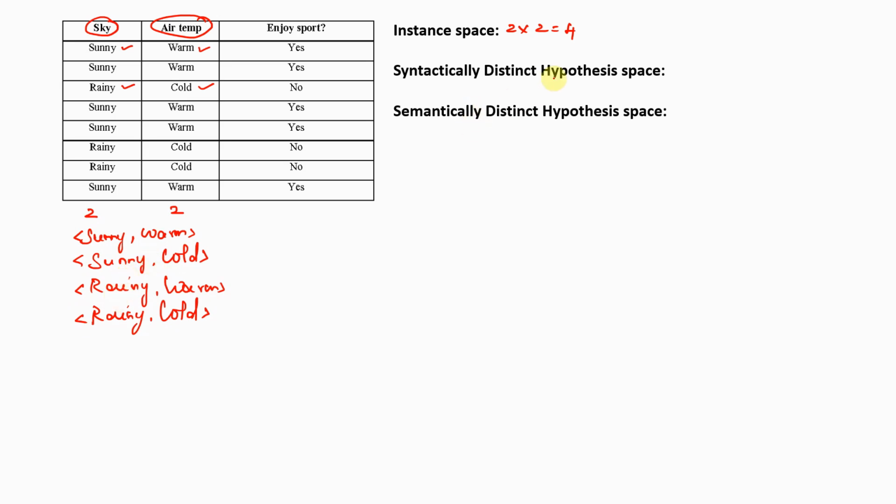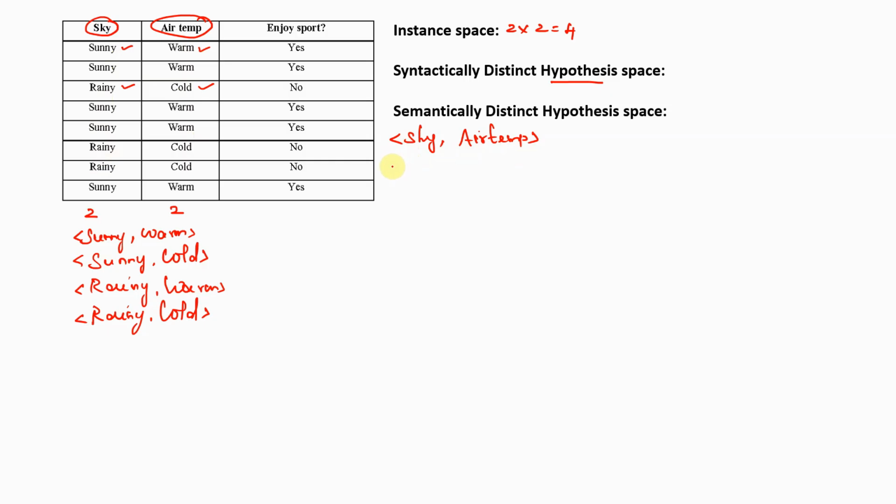Similarly we have to form the hypothesis. Basically the hypothesis has only the input attributes. It can be a combination of sky with air temperature. The values of the hypothesis can be anything from the input attributes, sky with sunny or rainy, or air temperature with warm or cold.